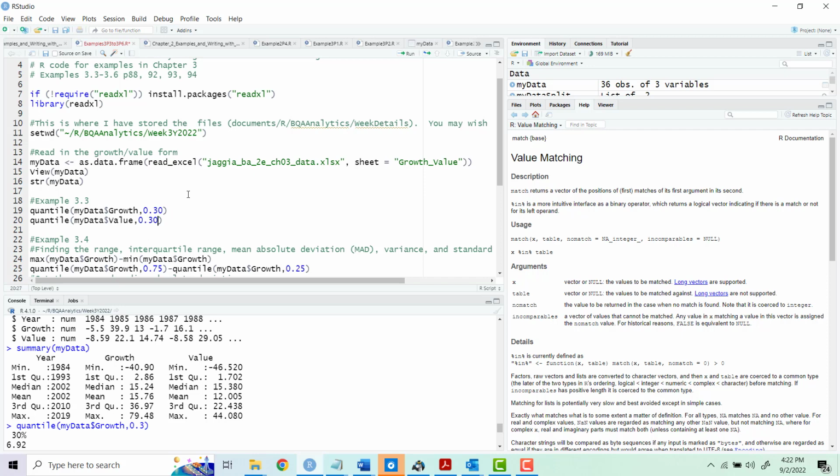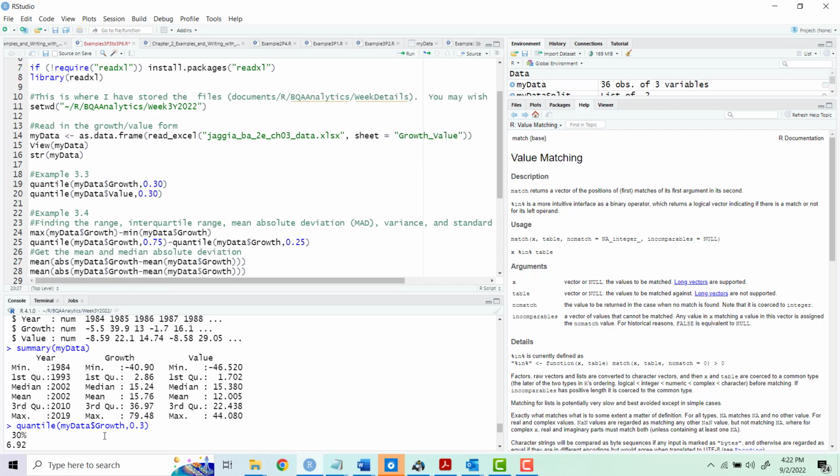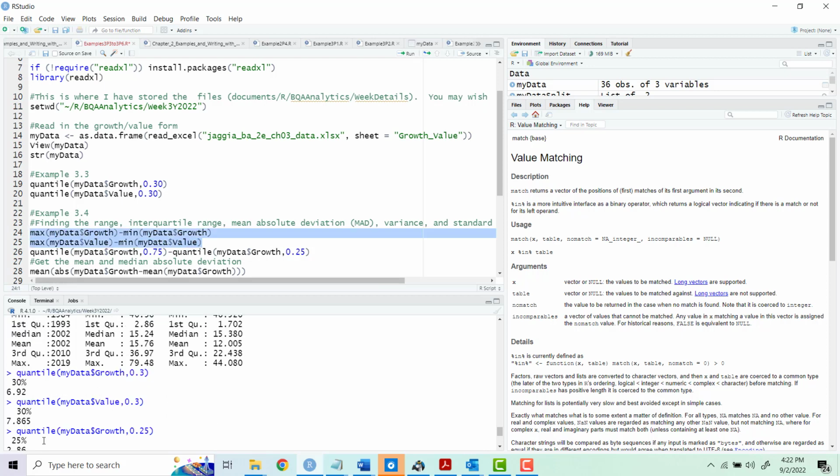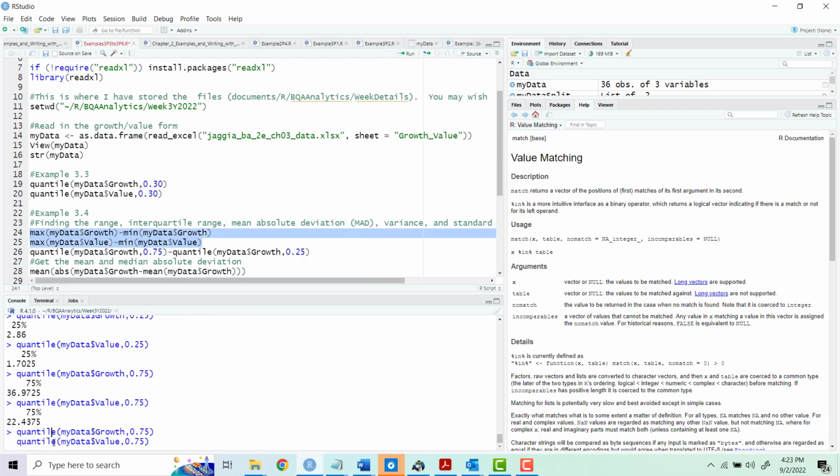Okay, so we also talked about measures of variation. The first is the range, and we'll do that for both growth and value. Let's go back to the summary.